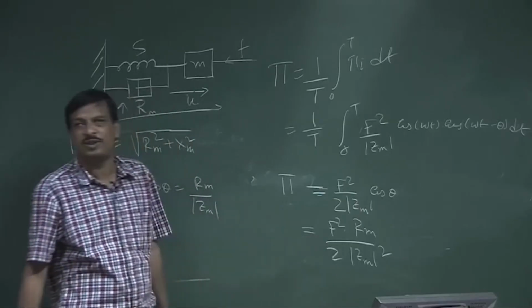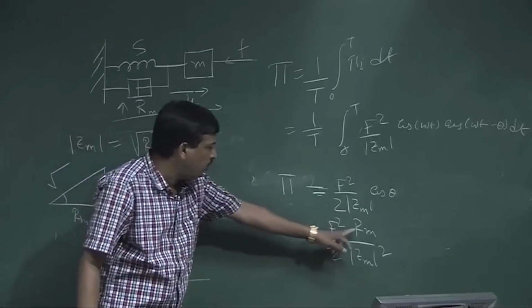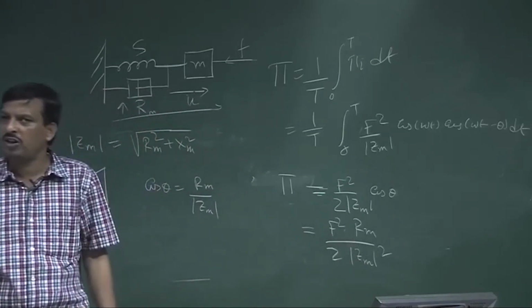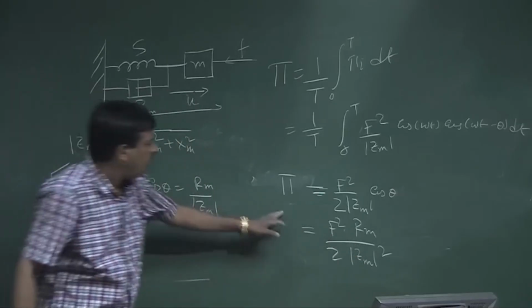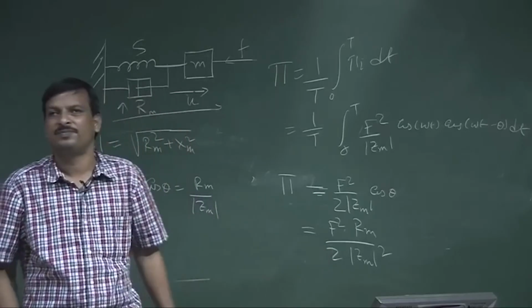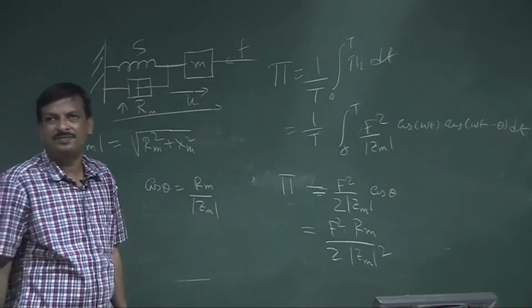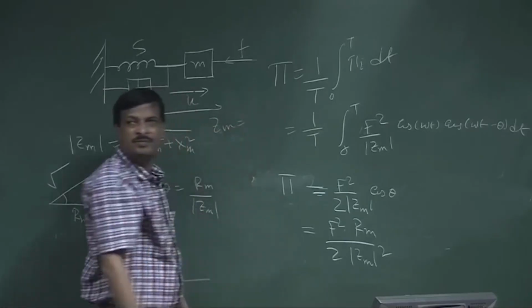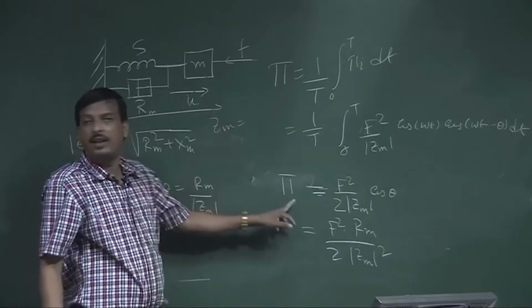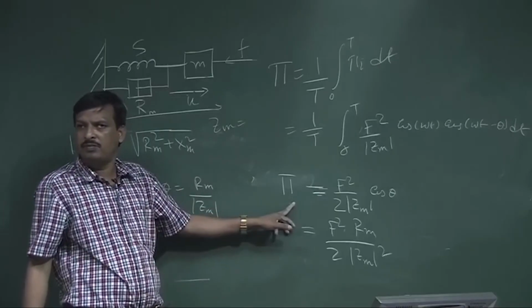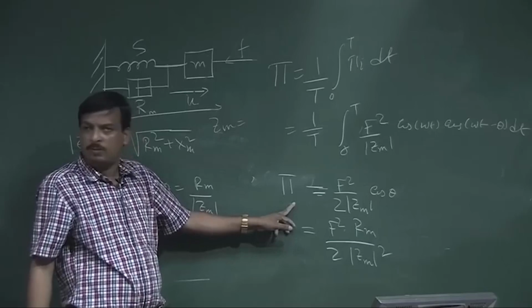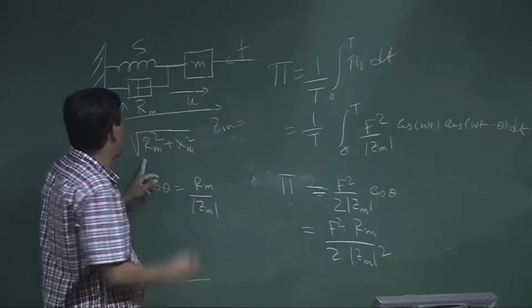Now, see that equation, f square into Rm by 2 mod Zm square is the equation of the average power. When will the average power be maximum? When Zm will be minimum. If mod of Zm is minimum, then the average power will be maximum.